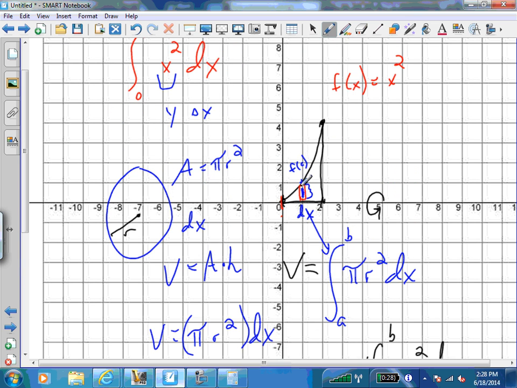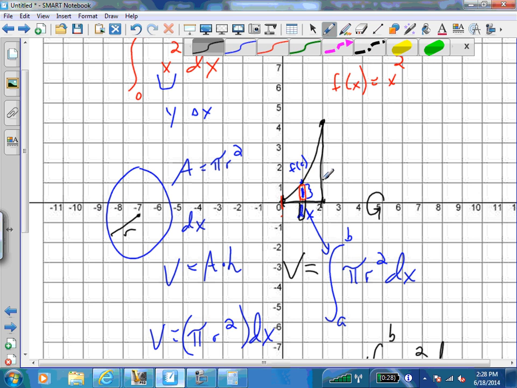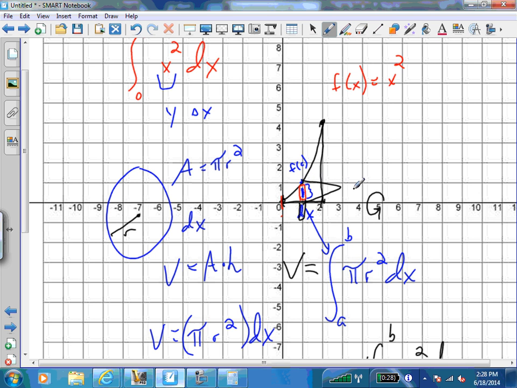If we take this sample element and rotate it, when it's straight down, it'll look something like that. So notice our radius, in this case, is just that distance, which in our case is just f of x. The key on all of these is going to be figuring out what our radius is.